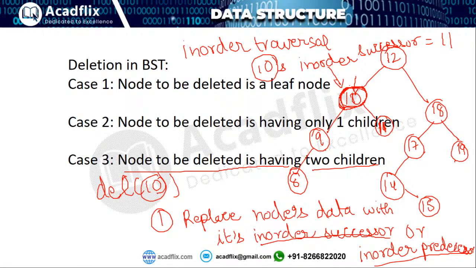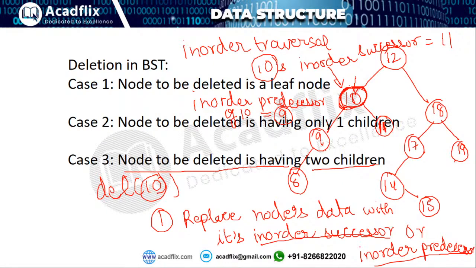So the in order predecessor of 10 is actually 9. Fine. And the in order successor of 10 is 11, because if you do the in order traversal, you will find that the successor of 10 is 11 and the predecessor of 10 is 9.